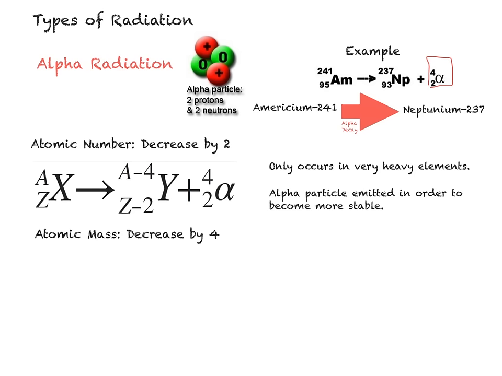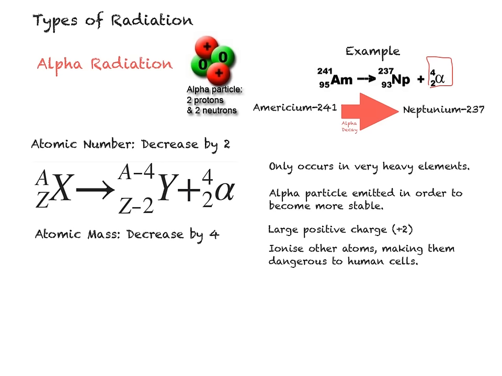Alpha particles have a large positive charge of +2. This means that they can easily ionize other atoms that they pass, making alpha radiation dangerous to humans.